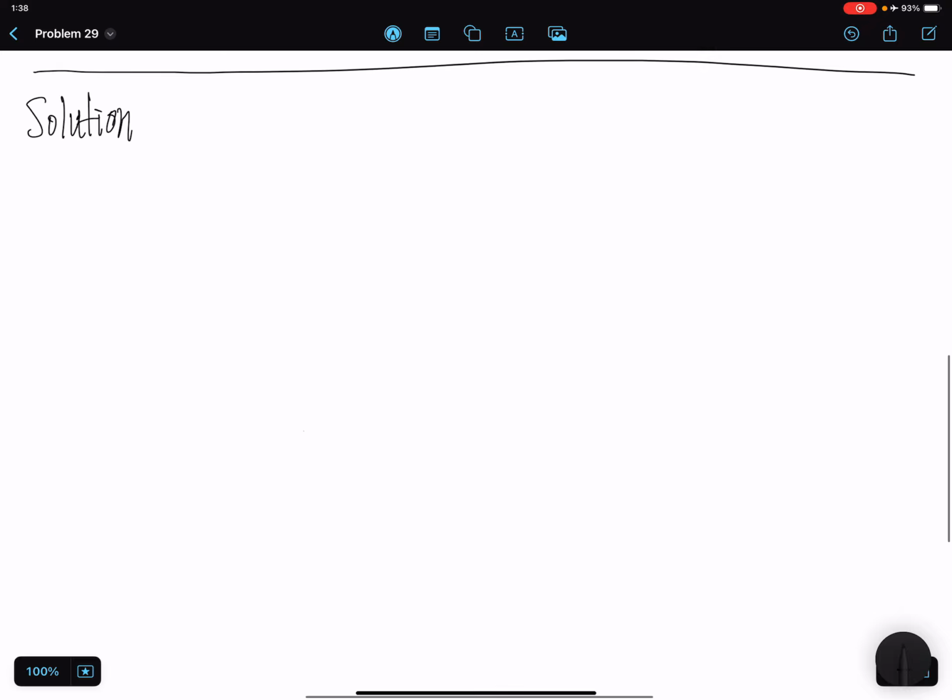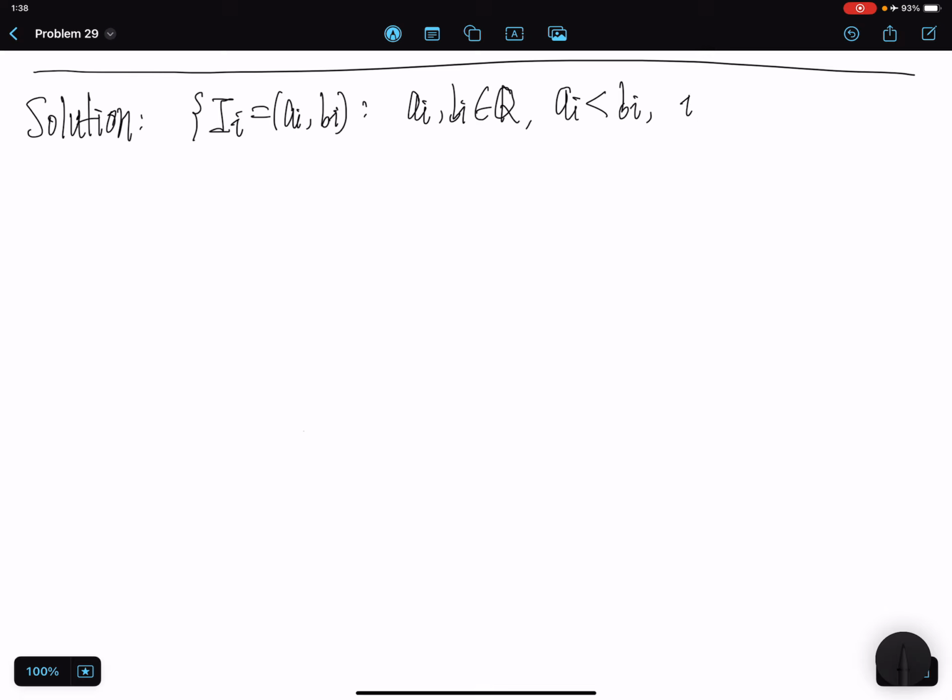Solution. Okay, first we consider this. Let's collect all the open intervals with rational endpoints. Basically, it's from a sub i to b sub i, this open interval, and a sub i, b sub i are all rational numbers. a sub i is strictly less than b sub i, and i goes from 1 to infinity.